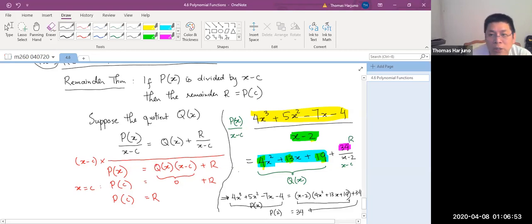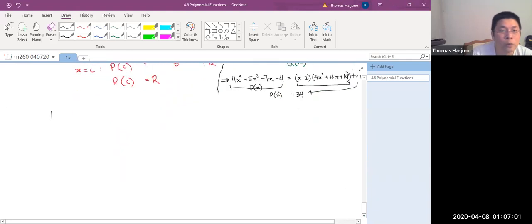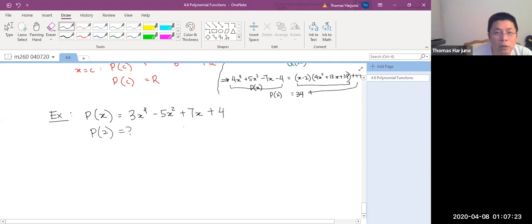Okay, how do we use this remainder theorem? I'm about to give you a break, but hold with me a little bit. Suppose, for example, I have P(x) equals 3x to the 4th minus 5x squared plus 7x plus 4. And I want to find out what is P(2). The first method that we have learned before: you plug in 2, replacing the x by 2.